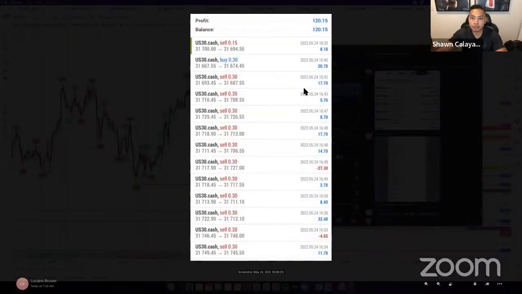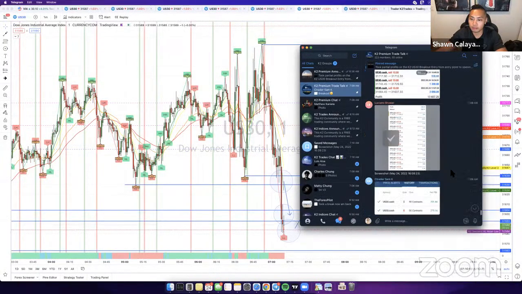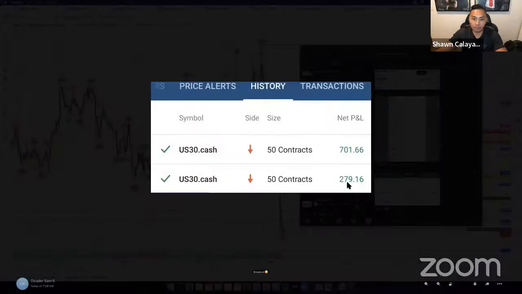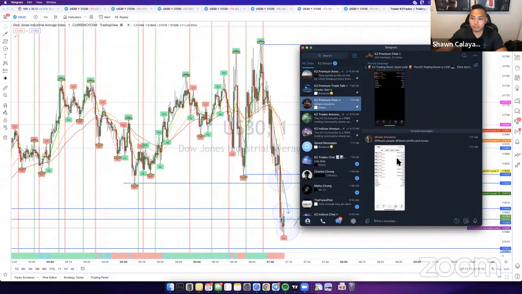Luciano over here, locking a total of 120. Nice work, Luciano. And then we have Sam over here. He took the breakout earlier and locked in basically 1,000 in total across both of his trades right here. Nice work, Sam. Miriam over here said different people, different profits and losses. Exactly, Miriam. Everyone has different profits, everyone has different losses.